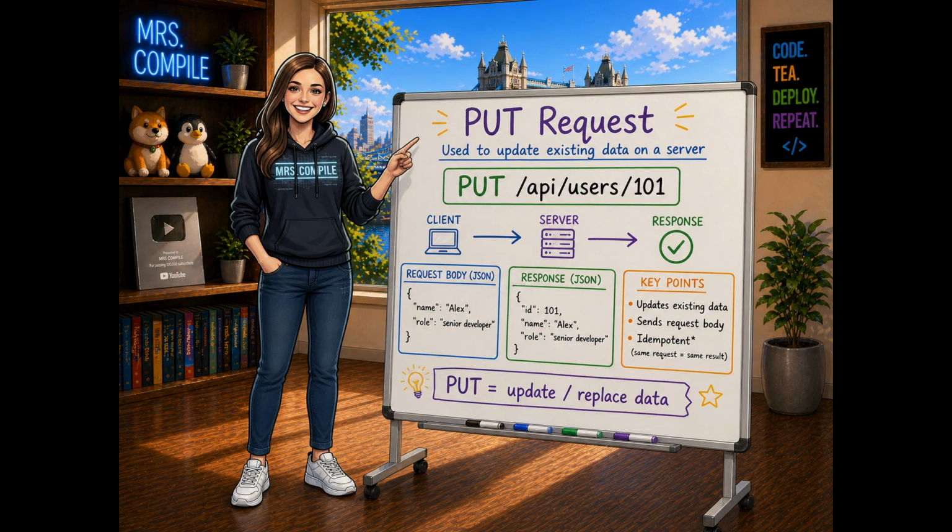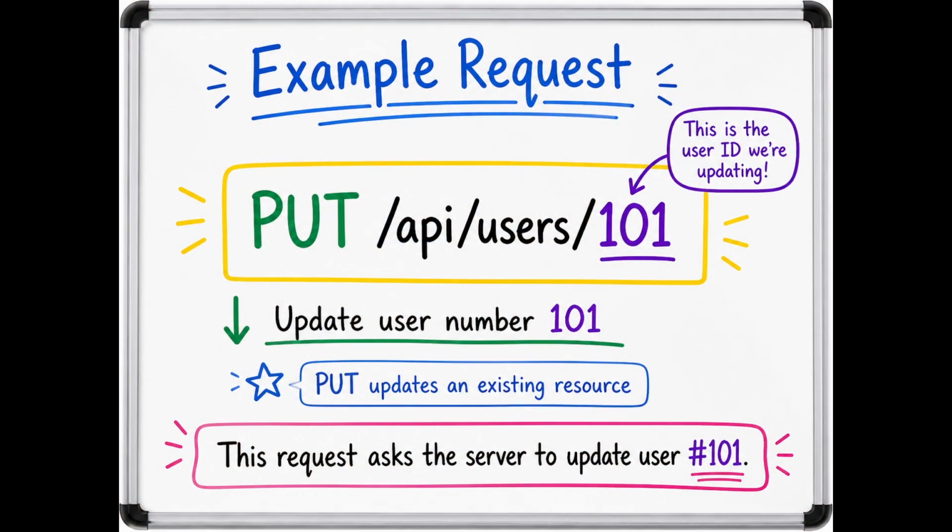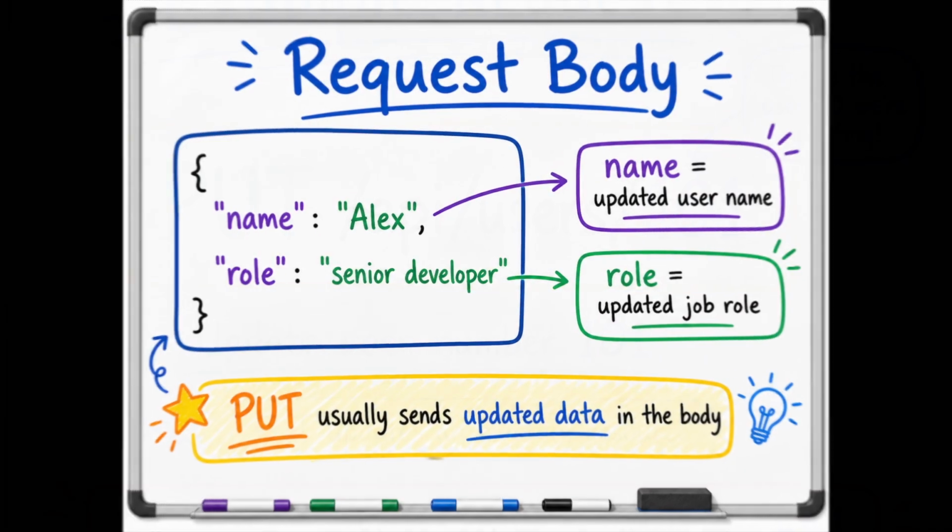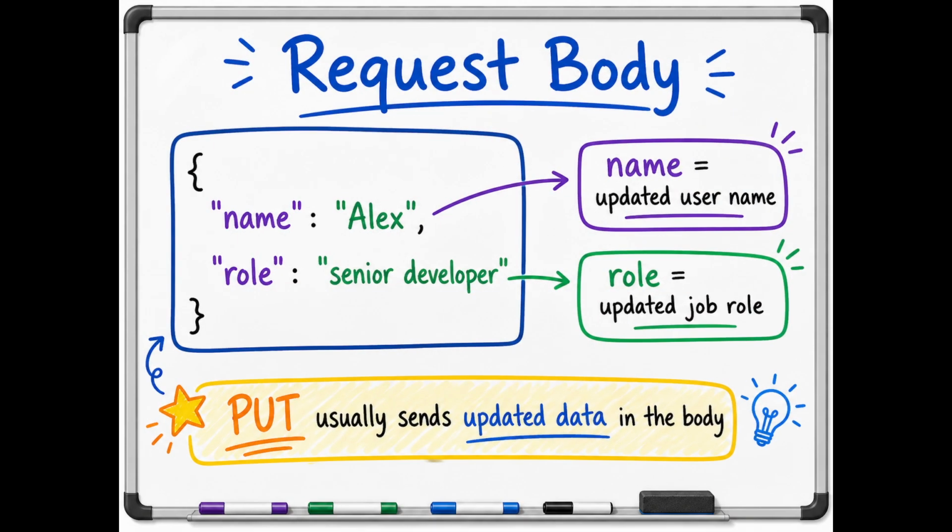Then we have PUT. PUT is used to update or replace existing data. For example, PUT /api/users/101. This is basically saying, server, please update the user with ID 101. A PUT request also usually sends data in the body. For example, name: Alex, role: senior developer.